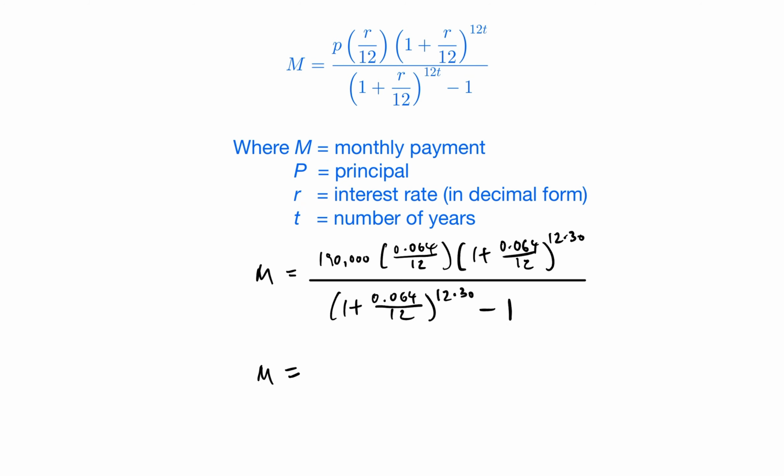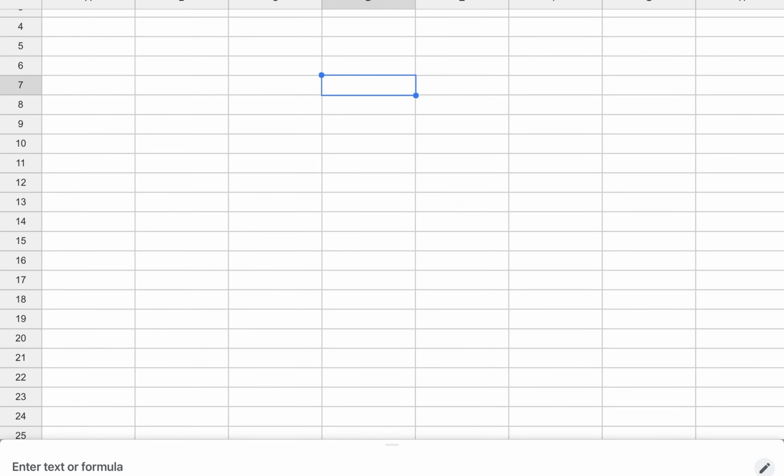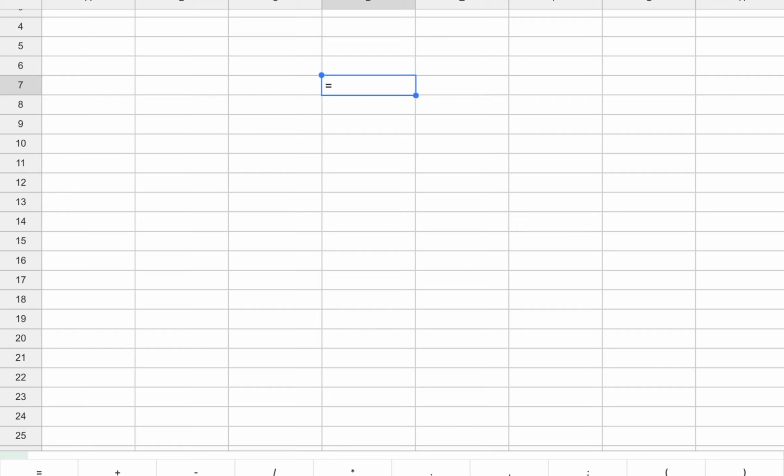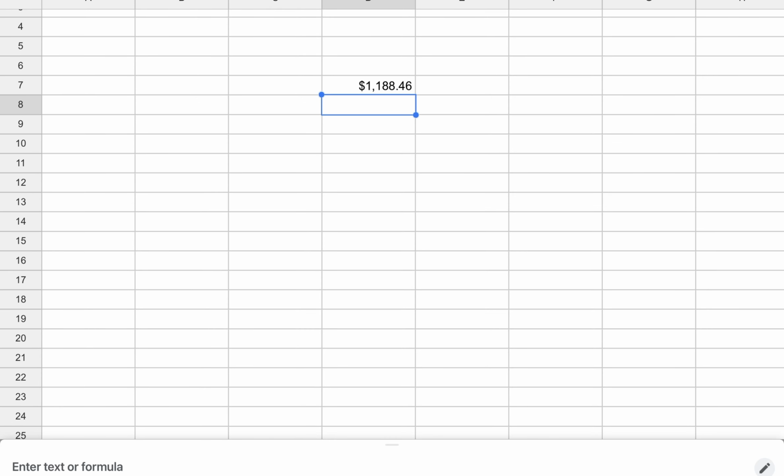So let's go to Google Sheets and put in that function to calculate monthly payment, which is PMT, and we're going to take the rate of 6.4%, and that's going to be monthly, so we divide that by 12, and that's over the course of 30 years, so we have to convert that to months, so that's going to be 360 months, and that's on a loan that's 190,000, so we're going to make that 190,000, and that payment comes out to $1,188.46.